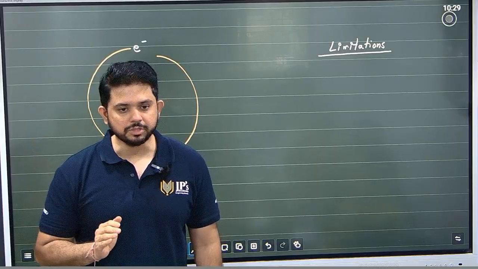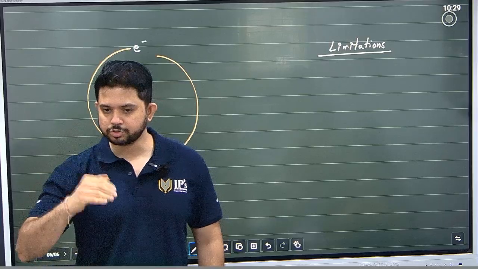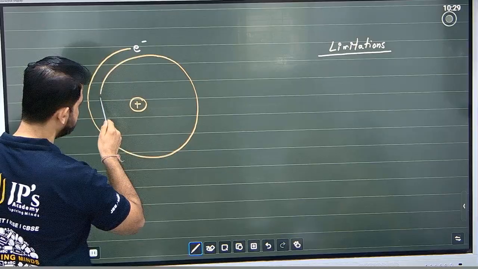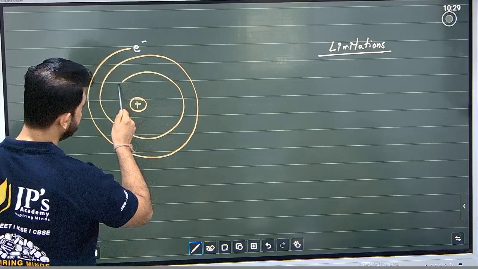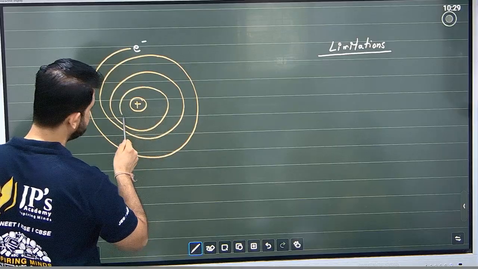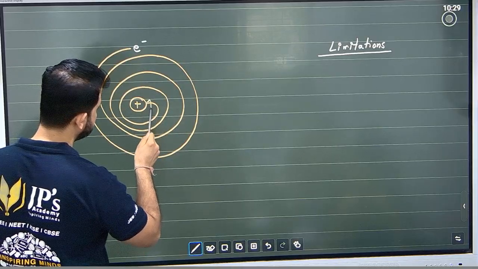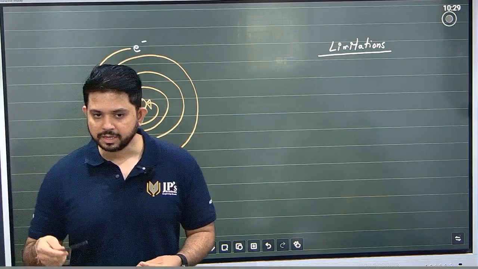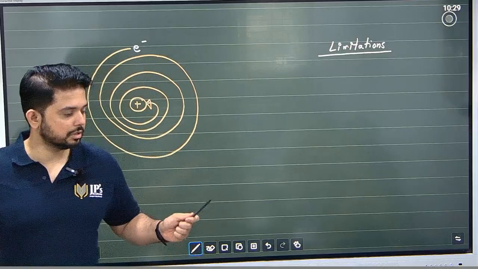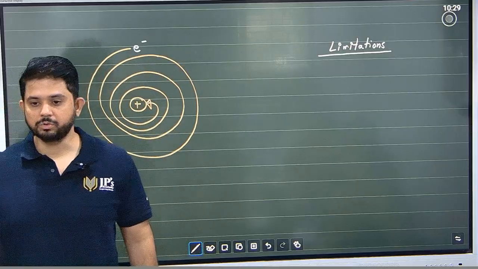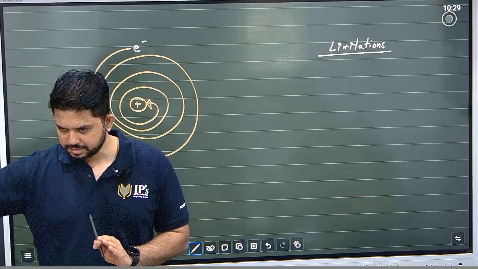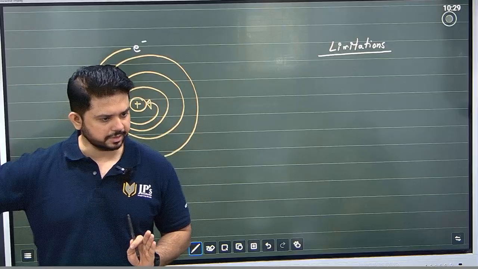And eventually the energy of the electron should decrease and decrease, and eventually it should collapse or spiral inward into the nucleus.